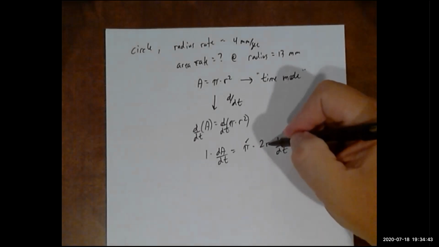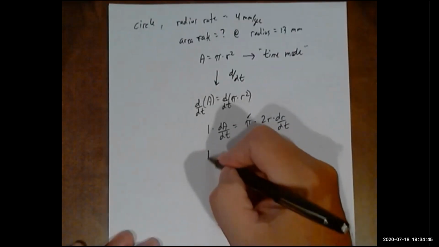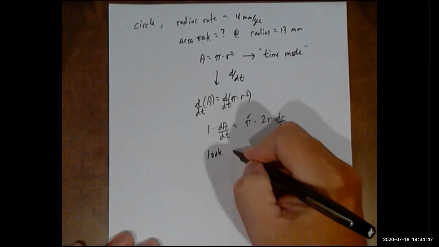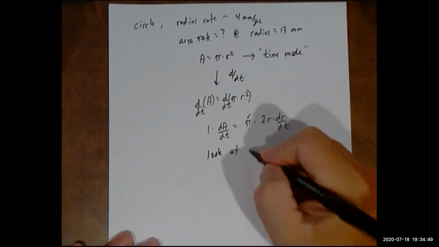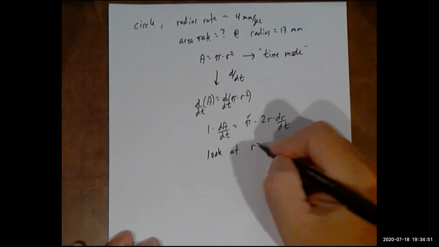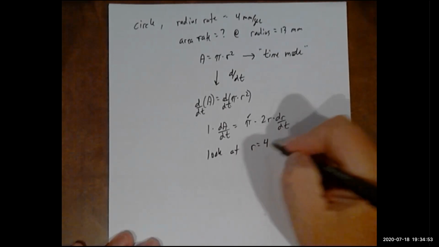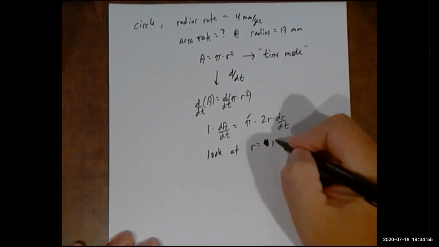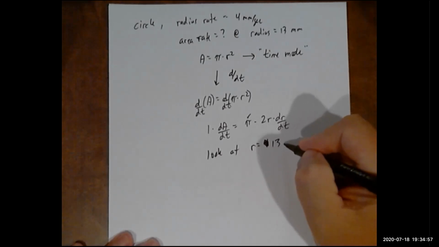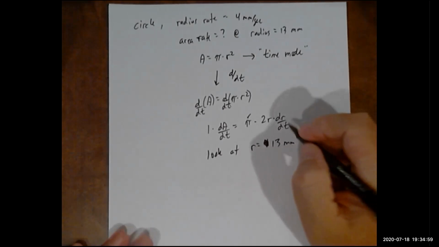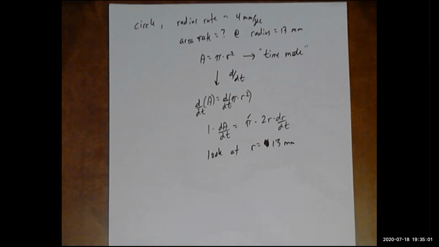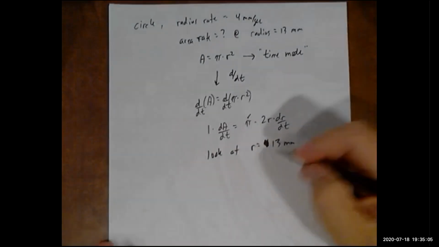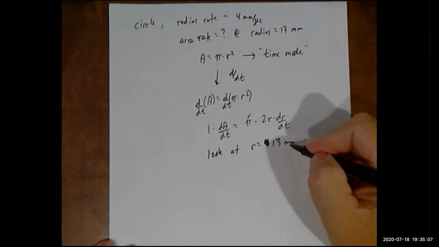And here's the radius. So we're going to look at a specific point in time. They say when the radius is 13. So now it's like a freeze frame. The circle's growing, and they're going to freeze everything when the radius is 13.